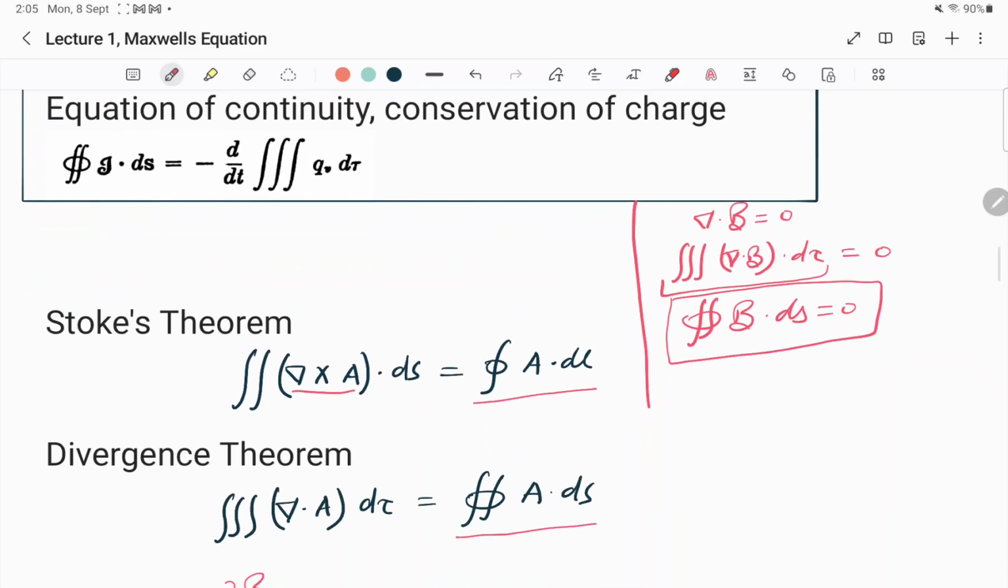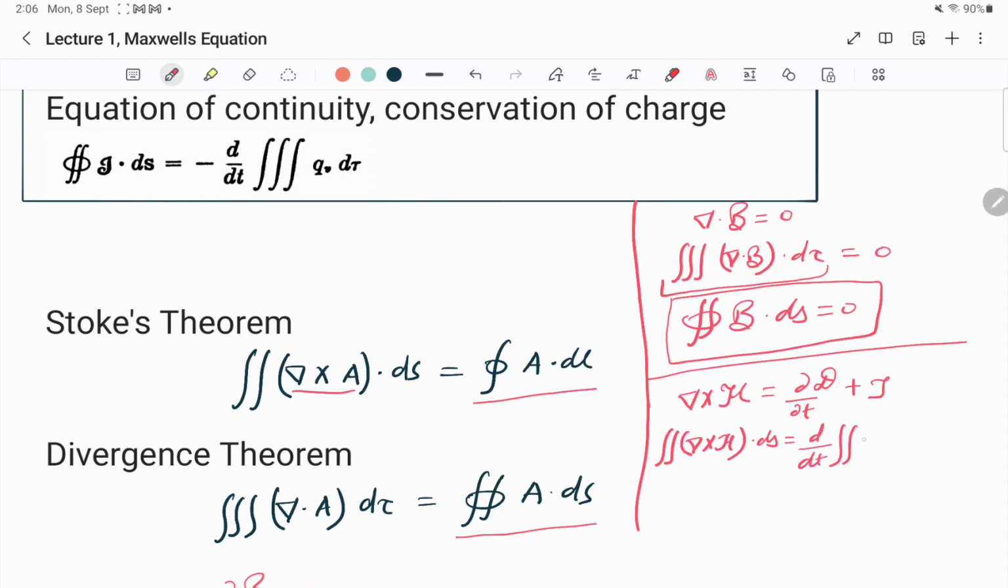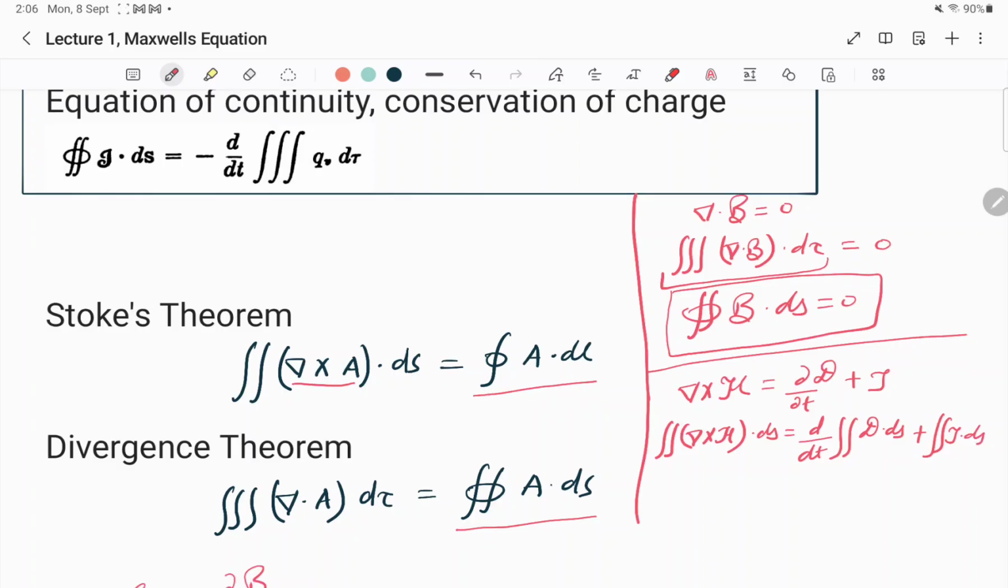Similarly, the third equation is curl of magnetic field H is equal to time derivative of D plus J. If you apply surface integration on both sides, you will see del cross H dot ds is equal to d by dt surface integration D dot ds plus surface integration J dot ds.